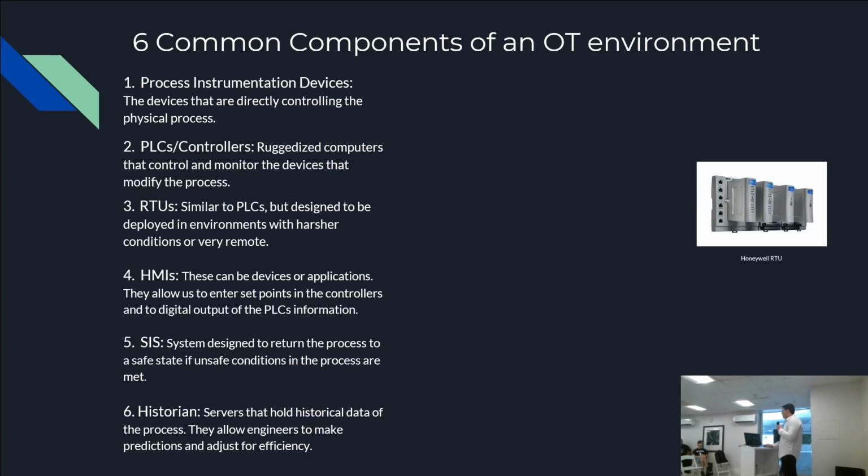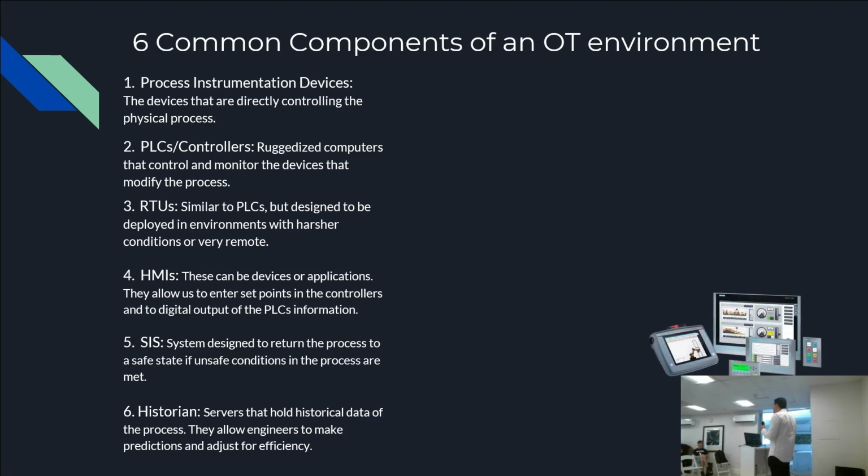Then we have remote terminal units. Remote terminal units are similar to controllers, but the difference lies in their design to withstand harsher environments, and they're usually deployed in very inaccessible locations. They still provide data that we're able to observe regarding the process. After that, we need a way to visualize and understand what's happening.